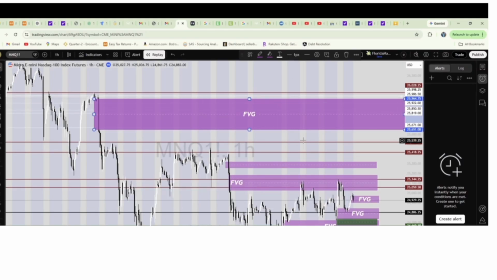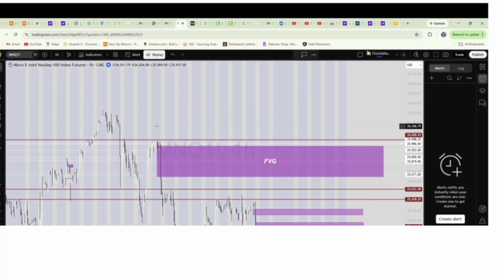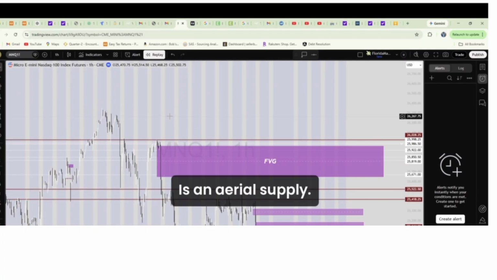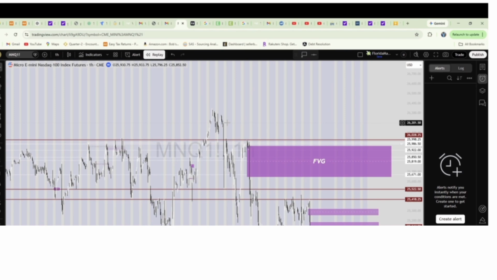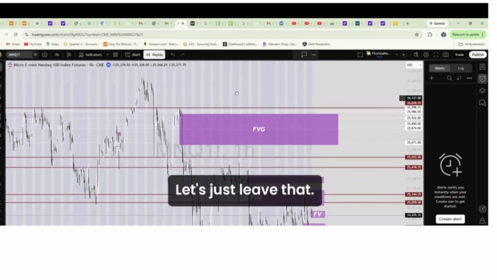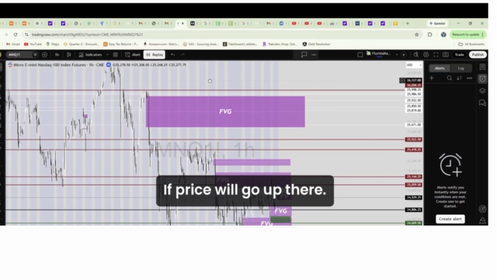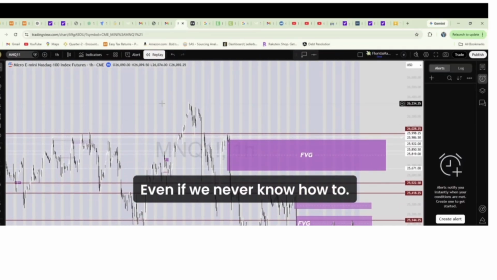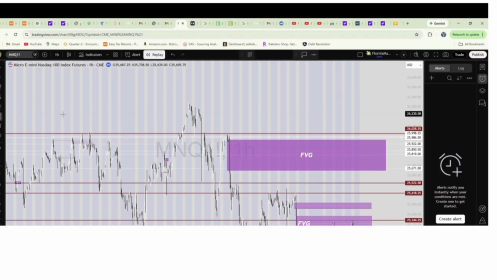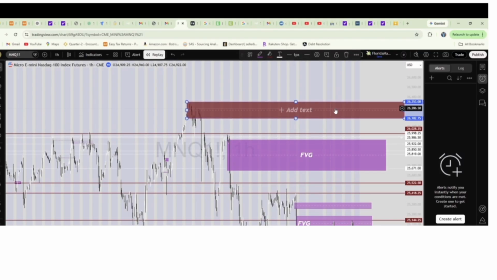Okay. Right here. It's an area of supply. Let's just leave that, if price will go up there even. We never know. Hold up. Or supply zone, I mean.